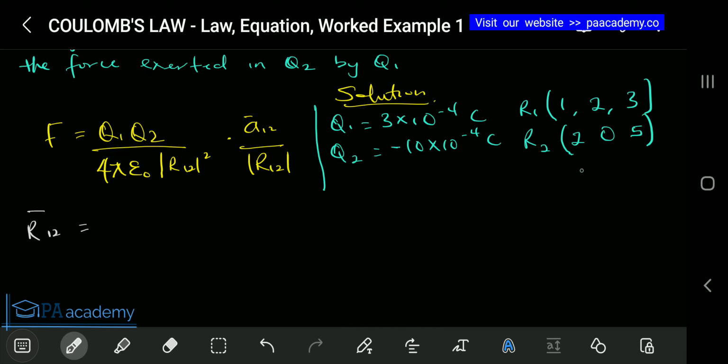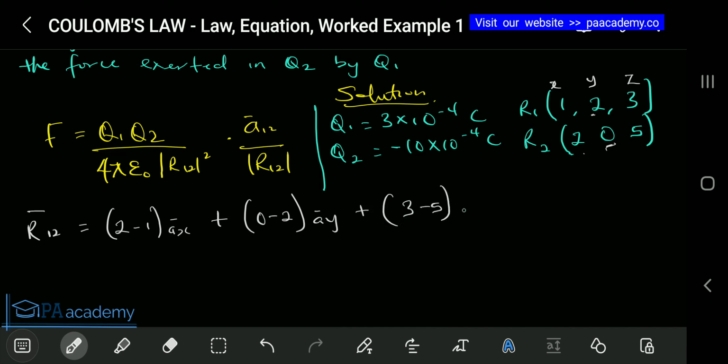In calculating our R12, this is our X, this is our Y, and this is our Z. What we are going to do is 2 minus 1, so that represents the AX axis, plus 0 minus 2, and for this it will be AY, then plus 3 minus 5 AZ.